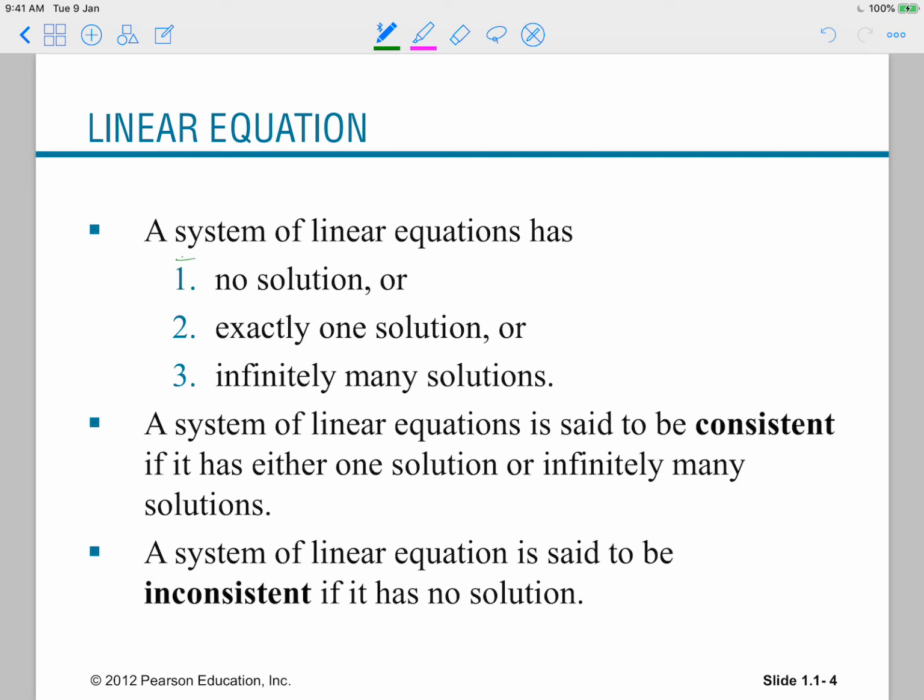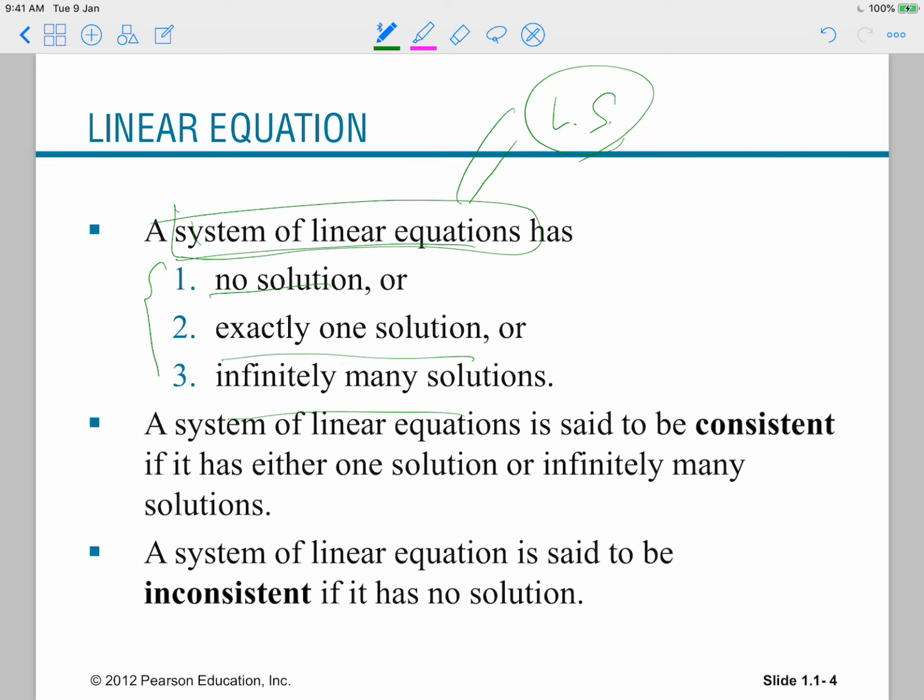So as I mentioned, the system of linear equations is the same as a linear system; this is an abbreviated name. We studied that there exist only 3 different cases: no solution, only one solution, or infinitely many solutions. In the case of no solution, the linear system is called inconsistent.